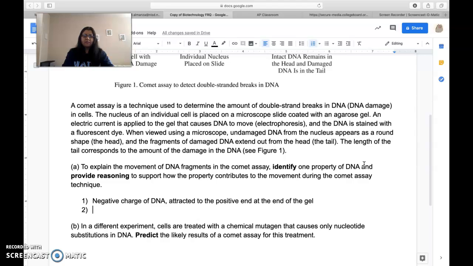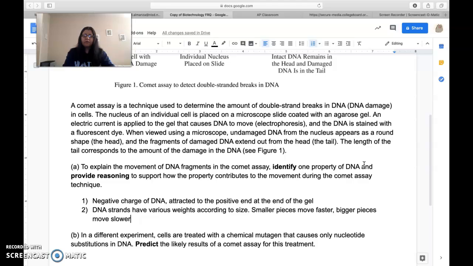And so DNA strands have various weights according to size. If you remember, the smaller pieces move faster, and bigger pieces move slower. Okay, so that's going to be our second property of DNA and the reason why gel electrophoresis works the way it does.